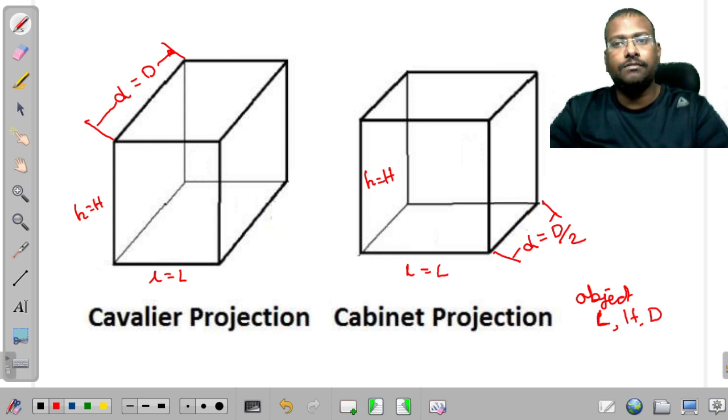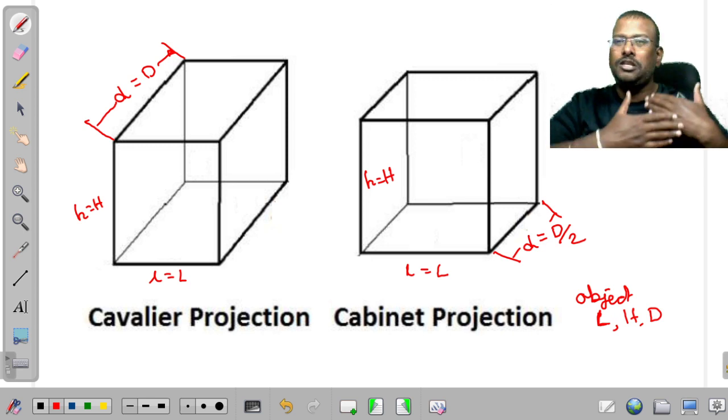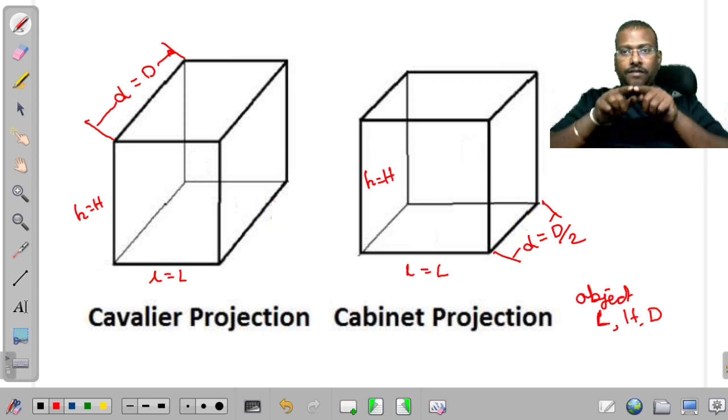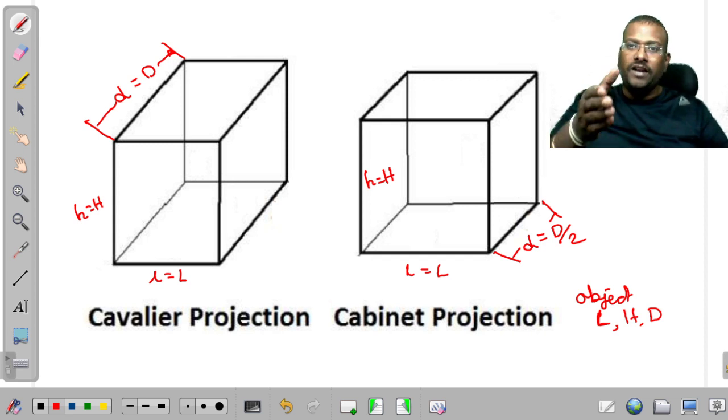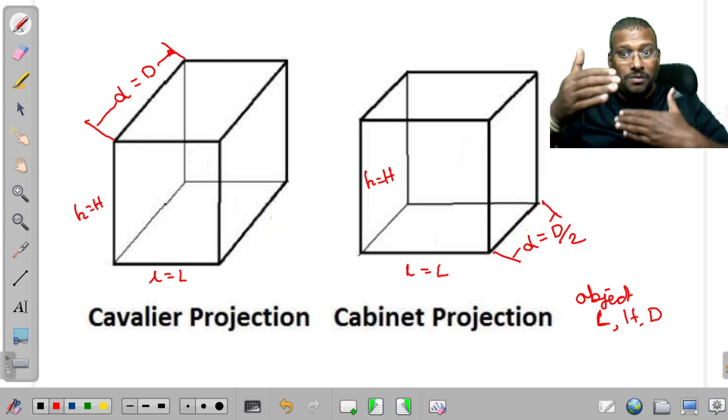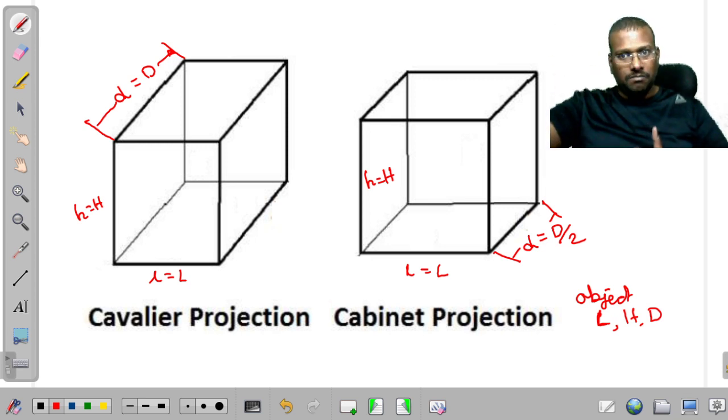Let us consider a godown, or otherwise a rail. The length of the train is huge compared with its width and height, so in order to fit it into a drawing sheet, it is better to go with cabinet projection. We can reduce the depth or length of that particular train.